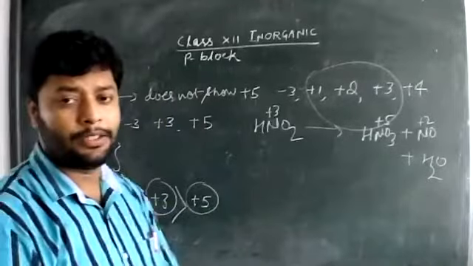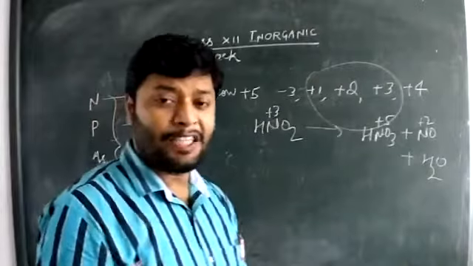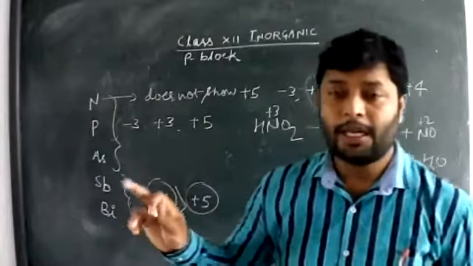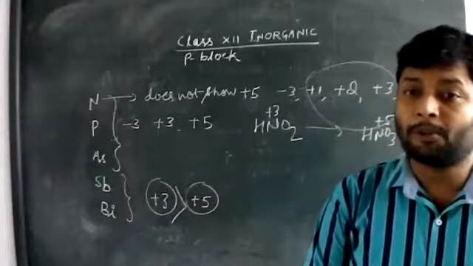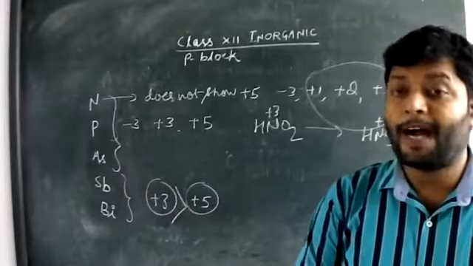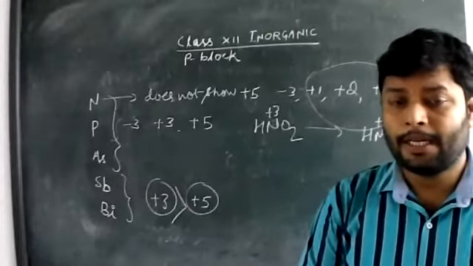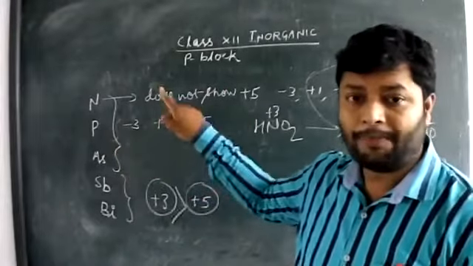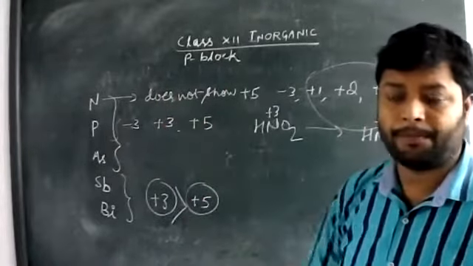In the same way, phosphorus in the plus 3 oxidation number also goes for disproportionation, changing into minus 3 and plus 5.